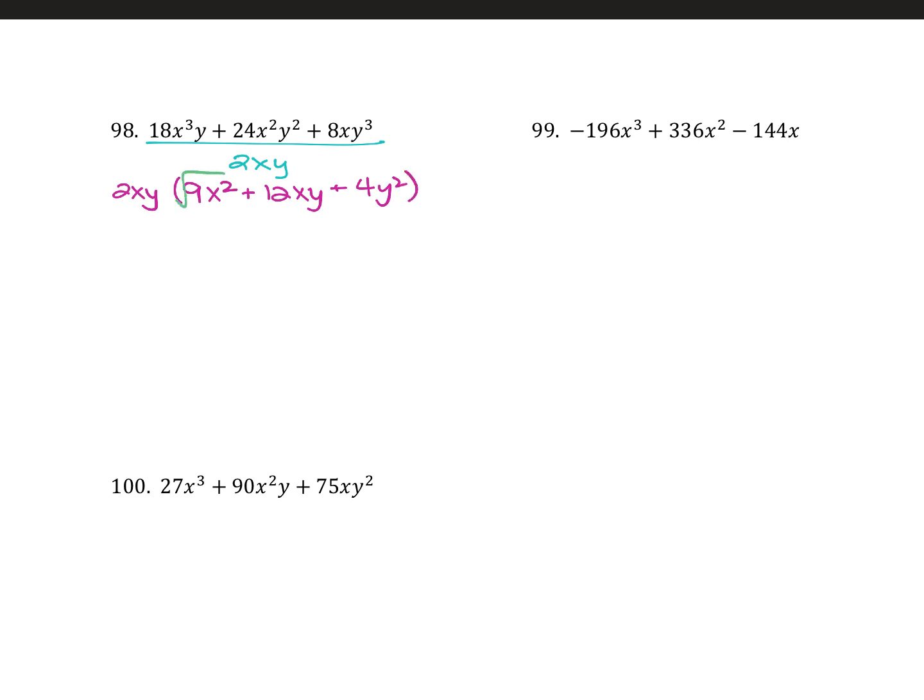You can take the square root of the 9x squared. You can take the square root of the 4y squared. 2 times 3x times 2y gives you the 12xy up top there in the middle. So this is going to factor fully to be 2xy times 3x plus 2y squared.